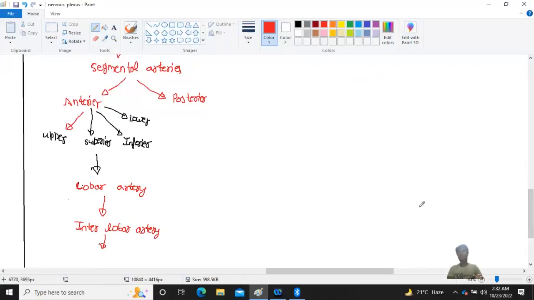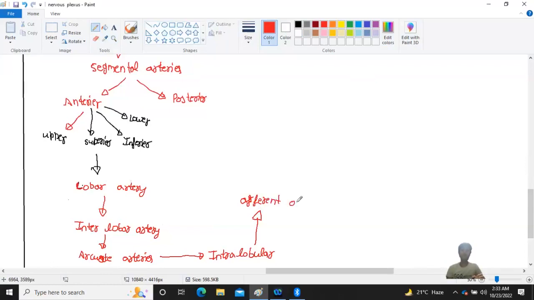Then we draw this artery, how it looks like. Arcuate arteries, then interlobular. After this interlobular, we go into the afferent arteriole. Remember, the afferent arteriole is a branch which goes into the glomerulus capsule.